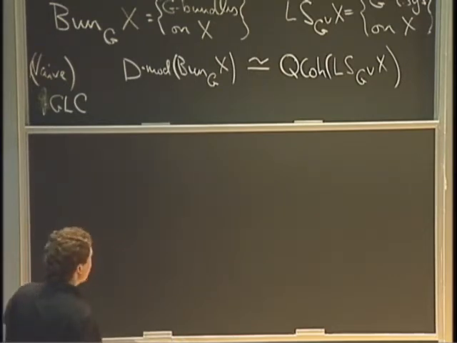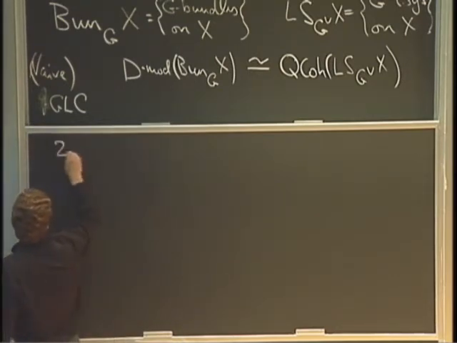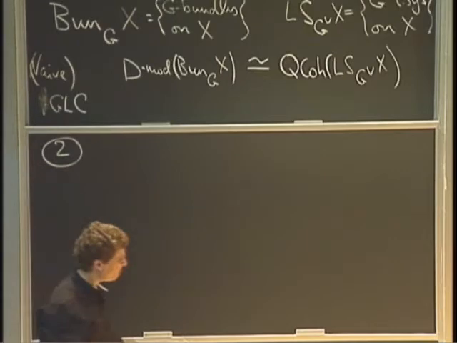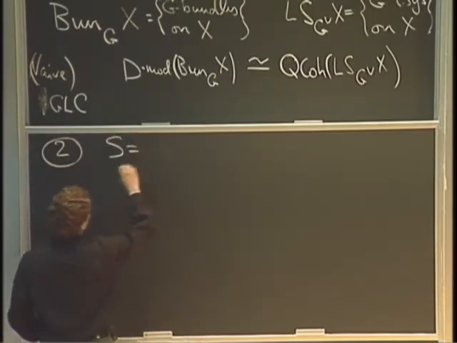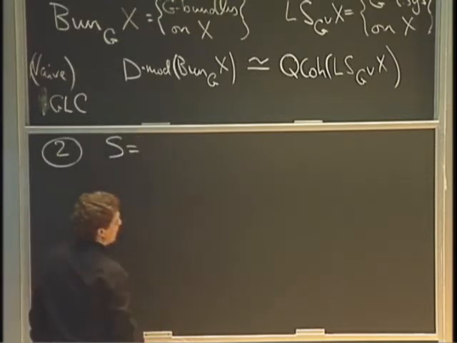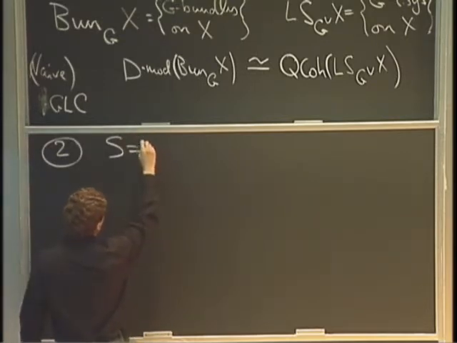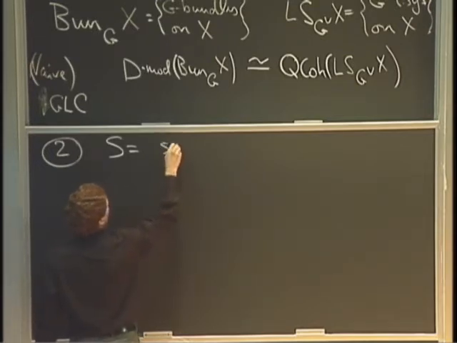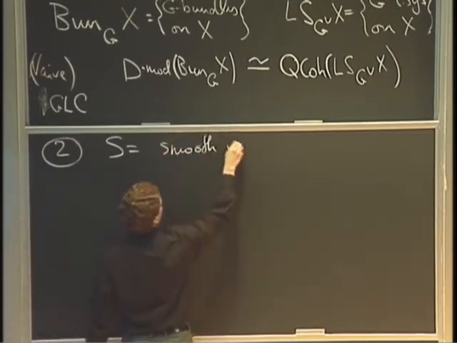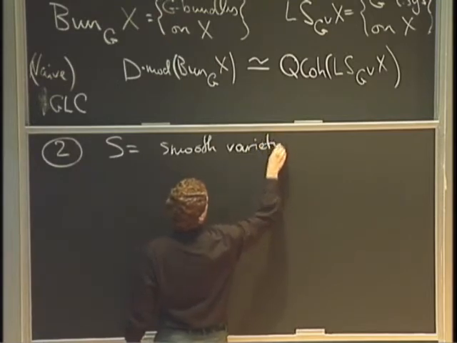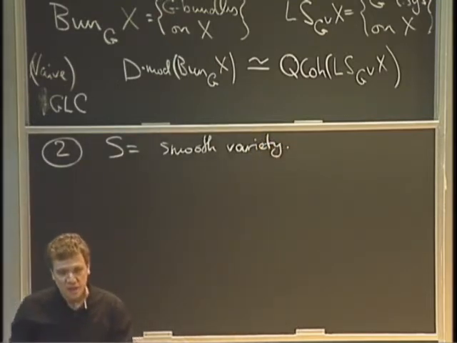On the other side, we have to look at D modules, and the situation is mostly similar. So let's suppose that S is, for now, let me even assume that it's smooth. So suppose S is a smooth variety, so that I don't have to think about the definition of D module.